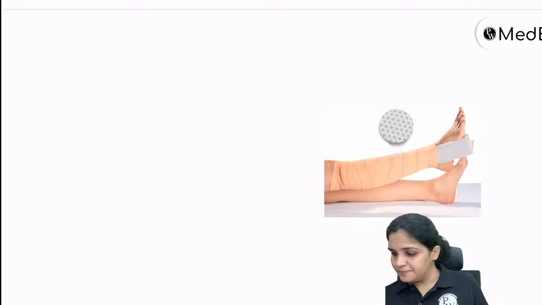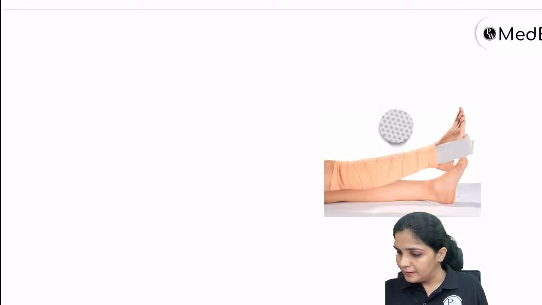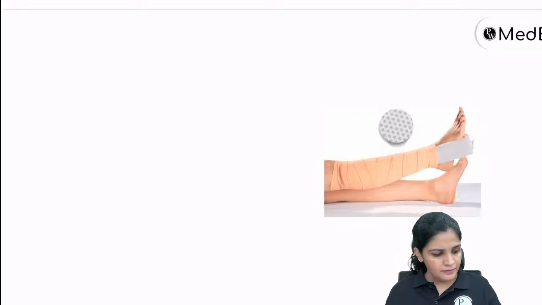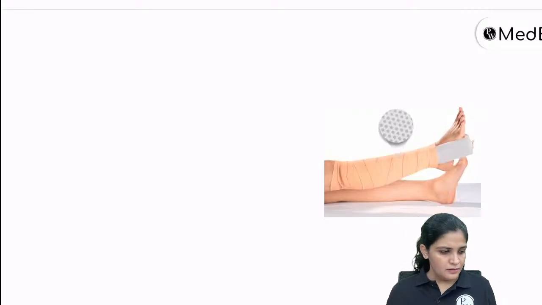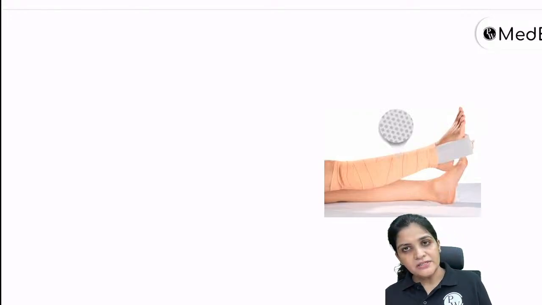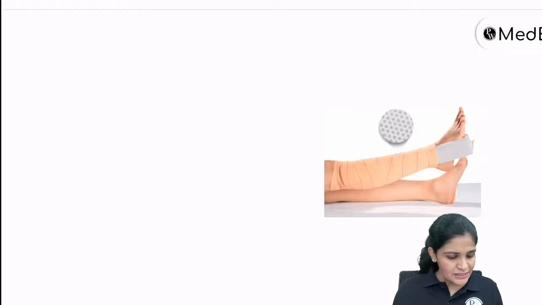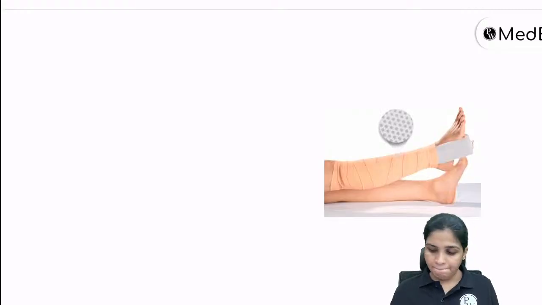So what is this? What is this image? This image is about the splint.